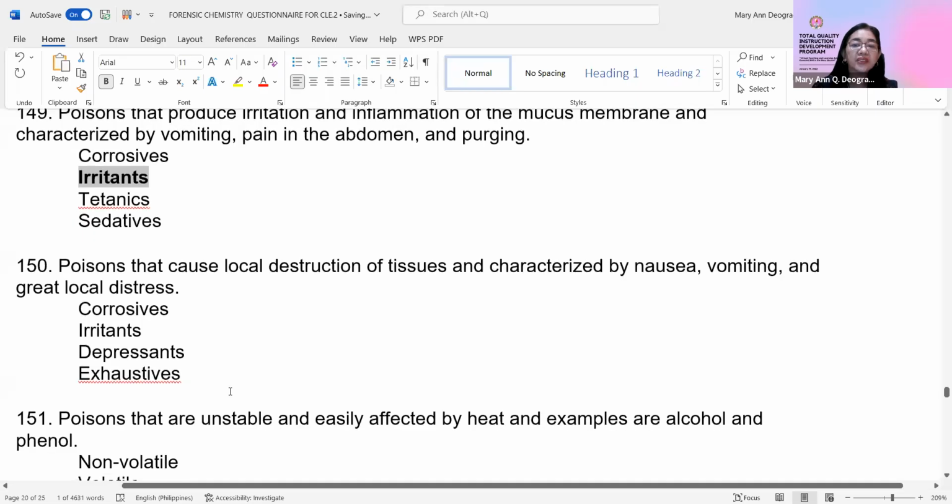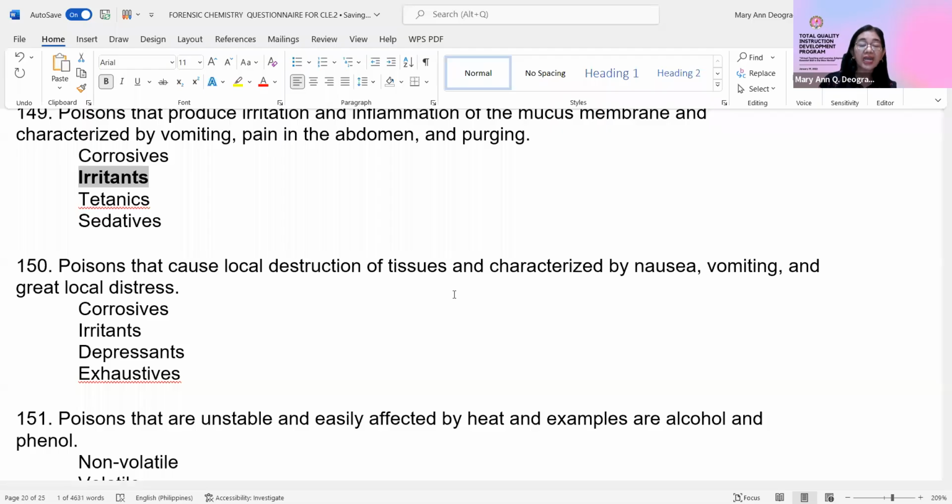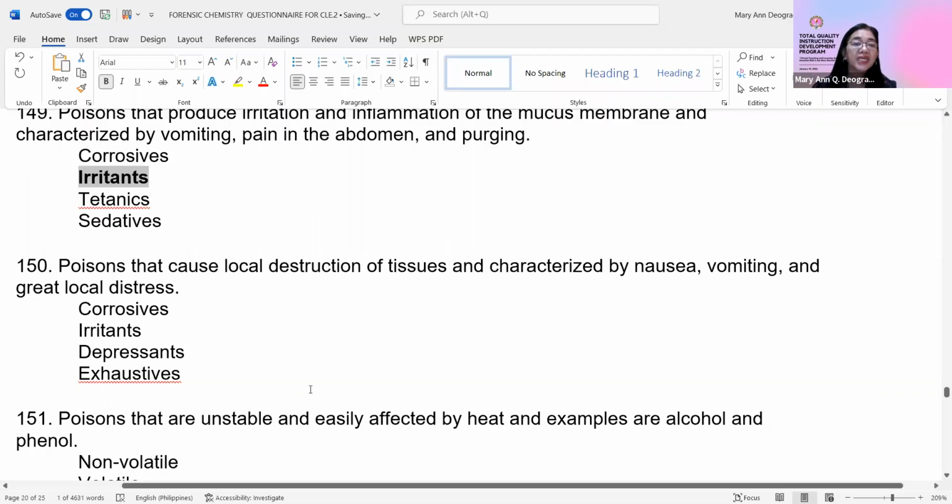Ingredients of rat poison. Pag local destruction of tissues, nasunog yung part kung saan na-applyan mo, nainom, characterized by nausea, vomiting, and great local distress. Okay, so we have corrosives.